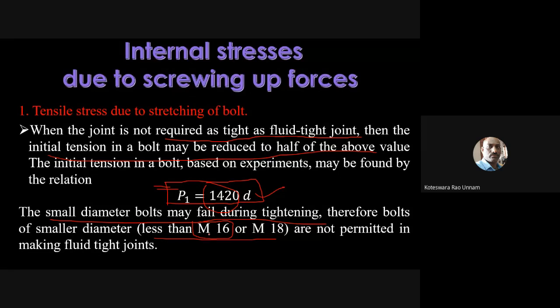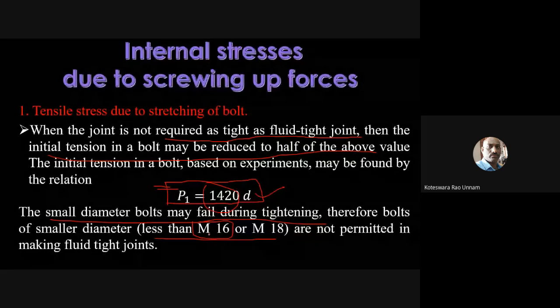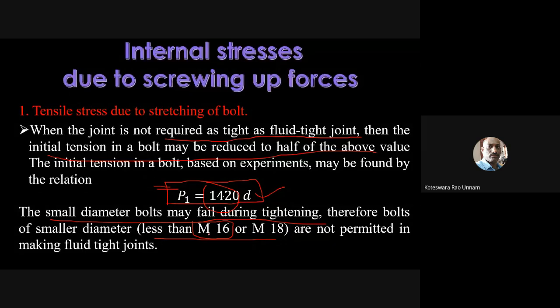In case of M16, the tensile stress area is 157 mm square, whereas for M18 it is 192 mm square. Generally the bolts are made of mild steel, so they have some allowable tensile stress. For mild steel you can take it as around 300 MPa, or depending upon the composition, you can take that.